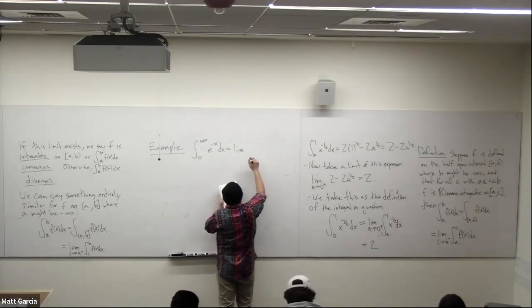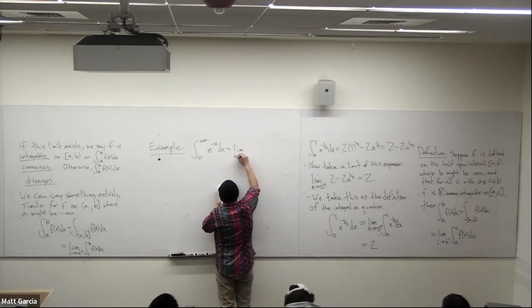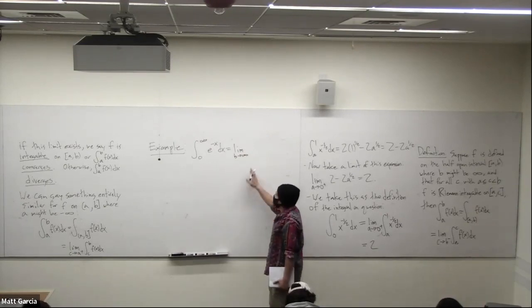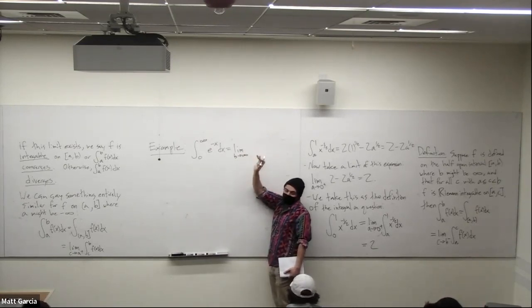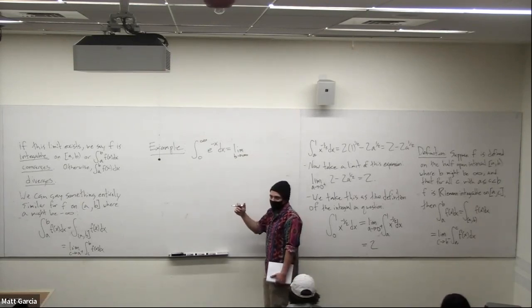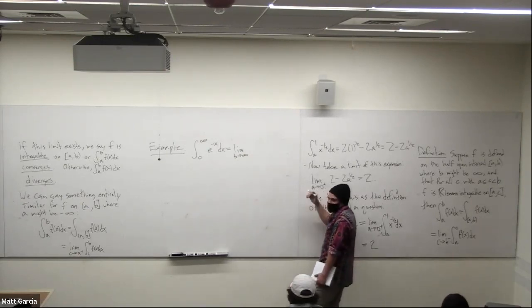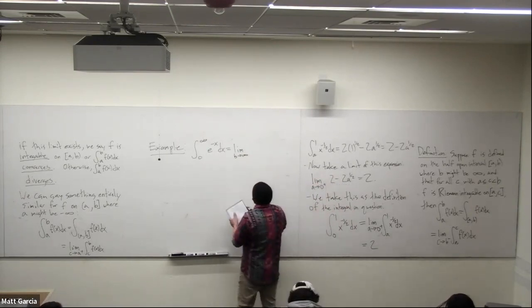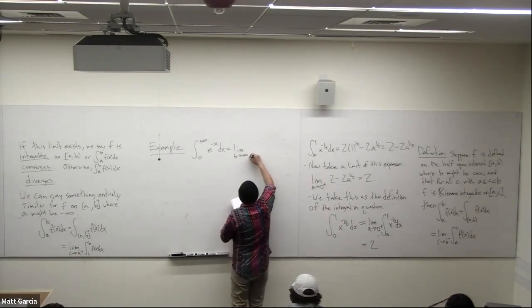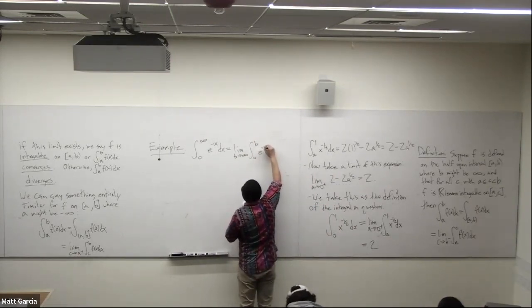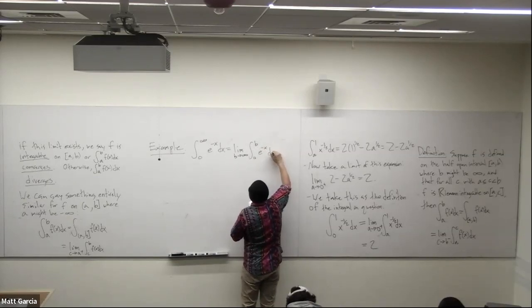So we're going to take the limit as b approaches infinity. Note that I don't say from the left to the right here, because there's only one way to approach infinity. You can't get on the other side of infinity on the real number line. Okay, the integral from 0 to b e to the negative x dx.